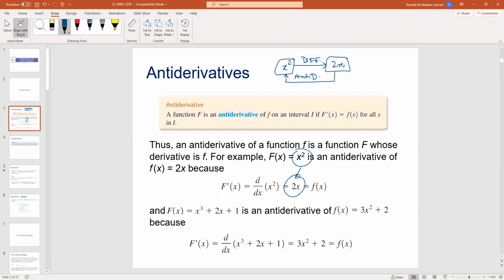The only thing is, of course there are different rules, but there are two ways of understanding here. If we're looking for a general antiderivative, then it has to be x squared plus c, and I'll explain where c is a constant.